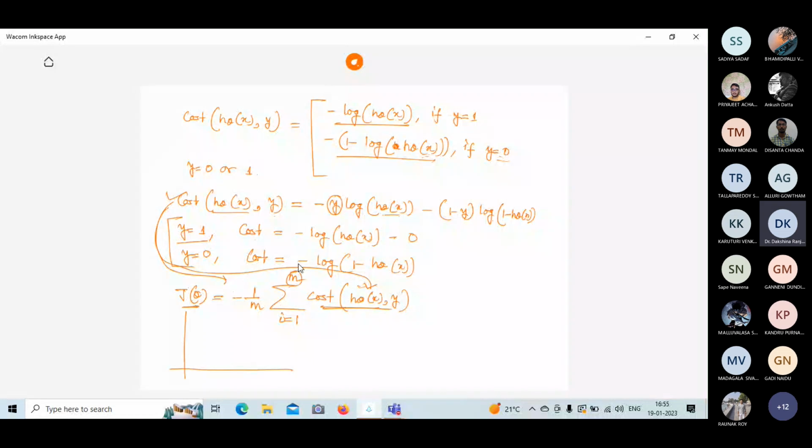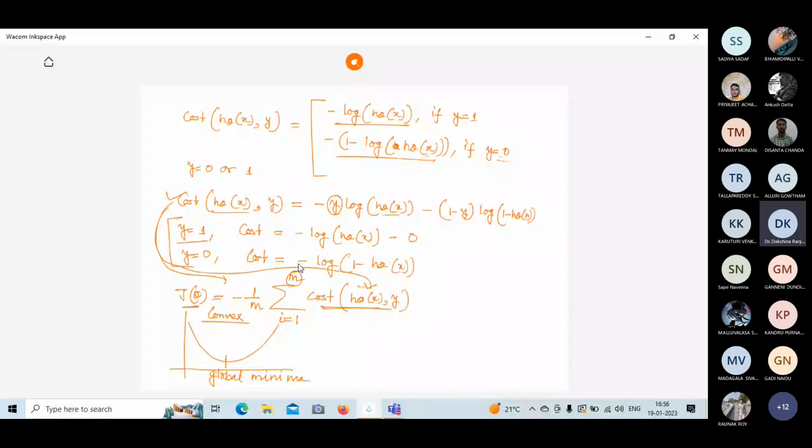When we plot the curve for J theta, we will get a smooth curve. This will become a convex function, a convex cost function. Somewhere over here we will get the global minima, and at this critical point, sometimes the global minima is called the critical point, because this convex function is bending towards up.